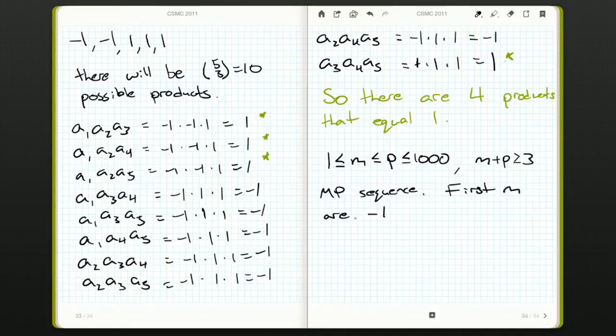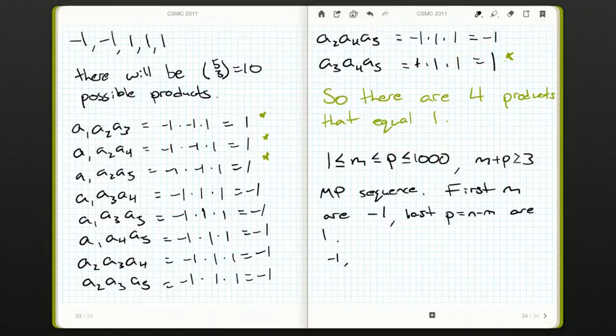So for an MP sequence, the first M are negative 1. The last P of them, which is just the difference between the total number and M, are going to be 1.